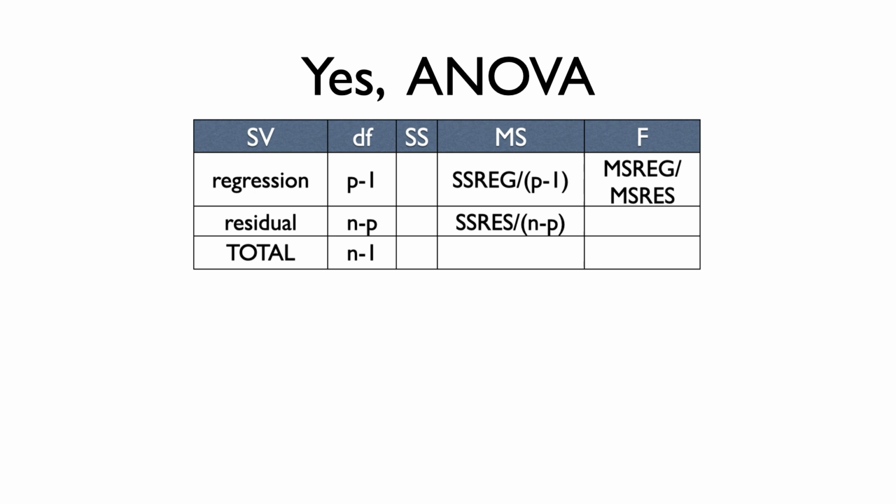Okay, and the degrees of freedom are p minus 1. There's n minus 1 total degrees of freedom. But the n here is not the total number of observations. It's the total number of records. When you think about something with a lot of variables, you'll have the dependent variable, whoever the subject is, and then their score on a bunch of independent variables, the x variables. So each of those records, each person or each object, that's what the n is here.